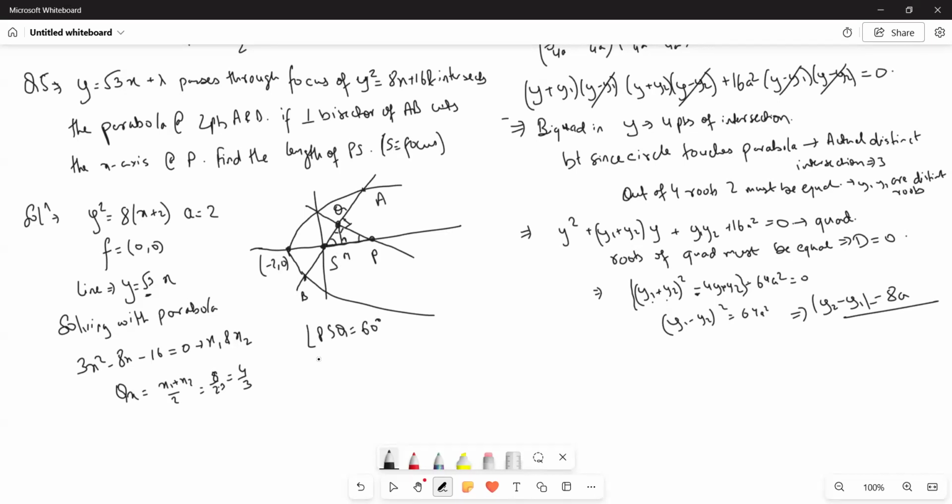So what will be the length of QM? QM we can get from here. So PS would be twice of SQ.